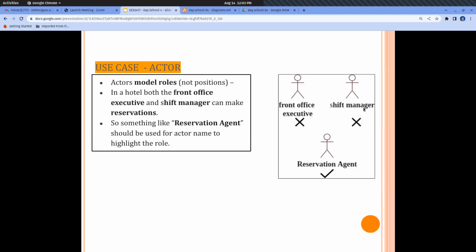When we write a common name, we can apply it to those two persons, and not only those two; if someone else is involved, this person also belongs to this category, reservation agent. So something like reservation agent should be used for the actor name to highlight the role. We give the name only for the role, not for a specific officer.